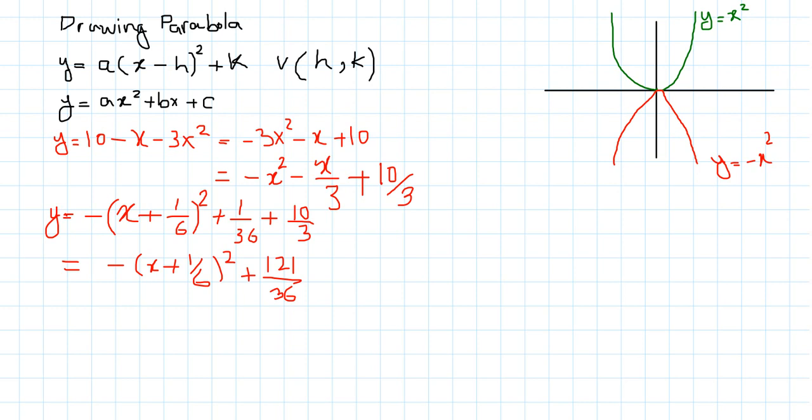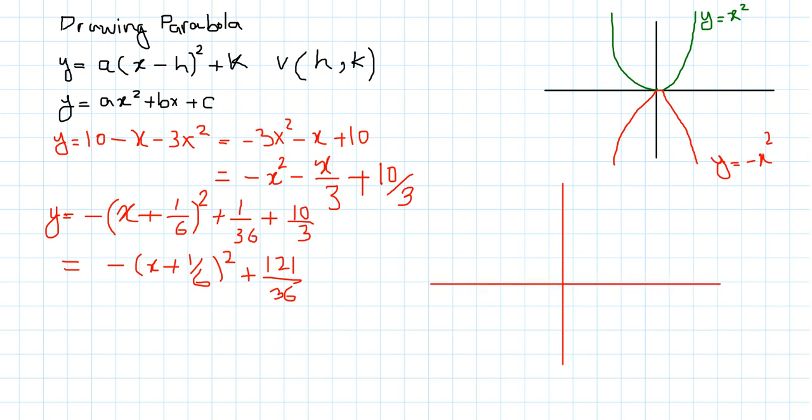Now I can easily draw this graph. 121 over 36 is 3.36, and 1 over 6 is 0.166, so minus 0.166.